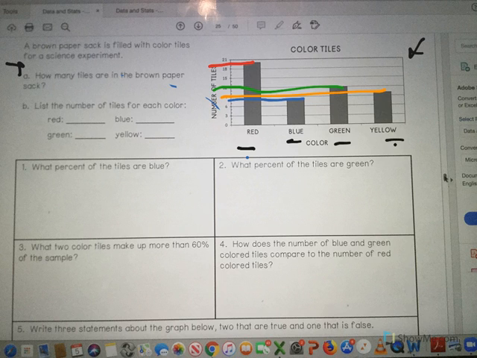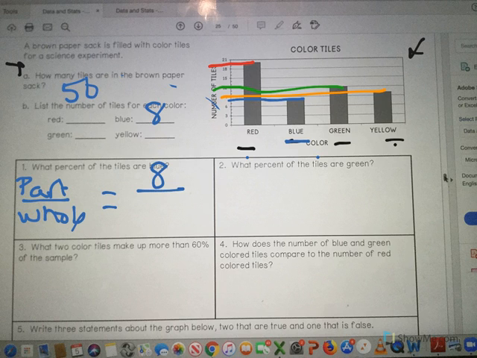So what percent of the tiles are blue? Well, we know what percent is. It's part over whole. So that's pretty easy. Blue, we've already determined that we have 8 blues. So that's our part. And what's our whole? Well, there were 50 tiles total. But that doesn't tell us our percent.